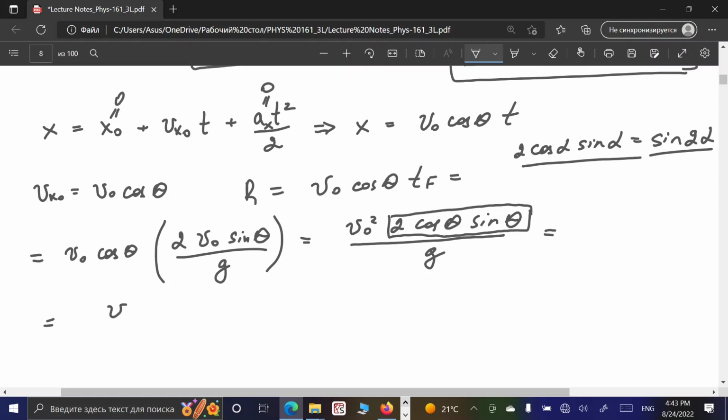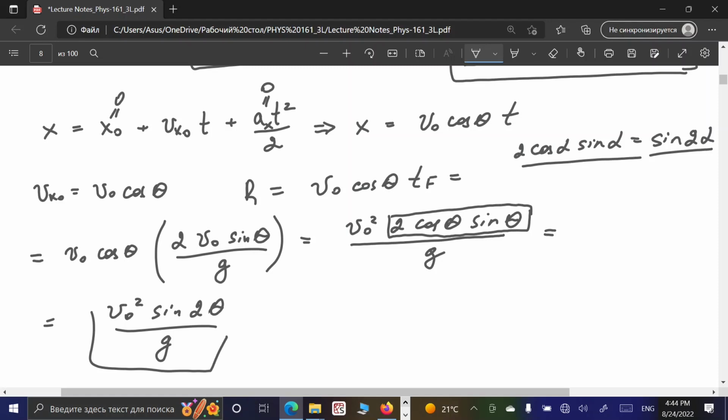That will be v naught squared times sine 2 theta divided by g. That is the expression for the length of the trajectory along axis x. Now we can take a look at this equation. If we want to find the angle which will result in the maximum x range, it's quite clear from this equation what we need to do.